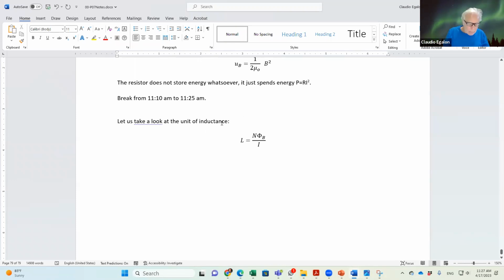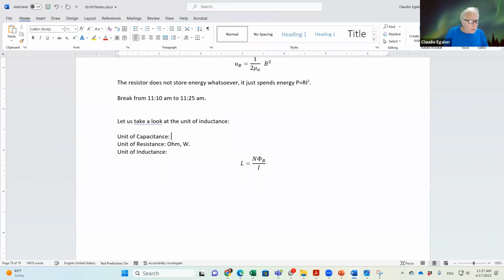We have the unit of inductance. We have the unit of capacitance, right? We have the unit of resistance. The unit of resistance is the ohm.